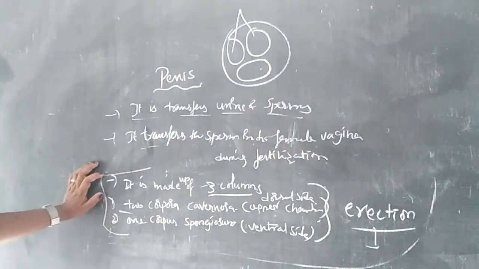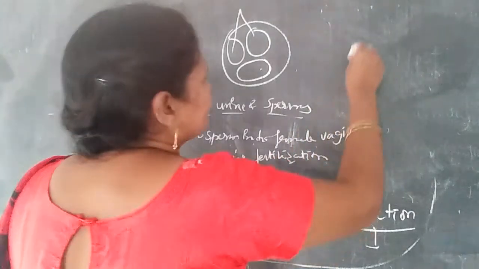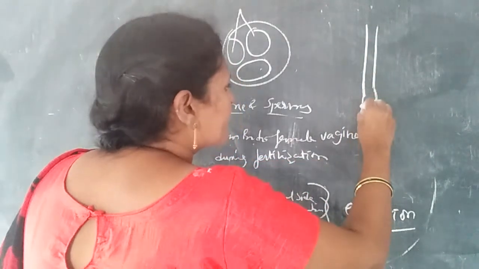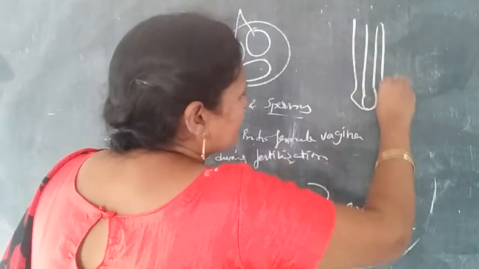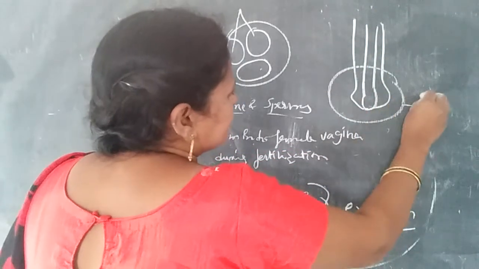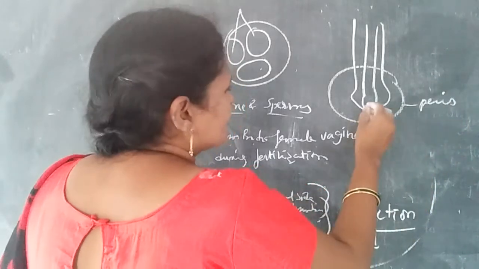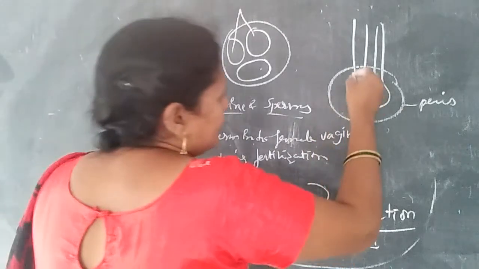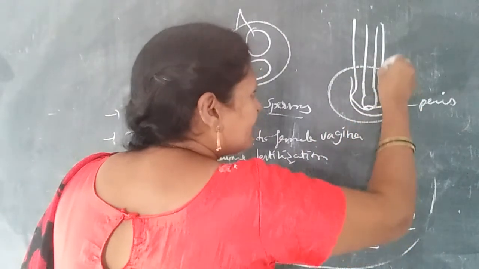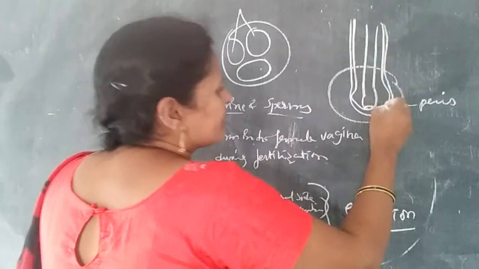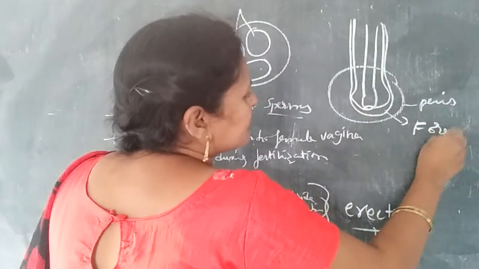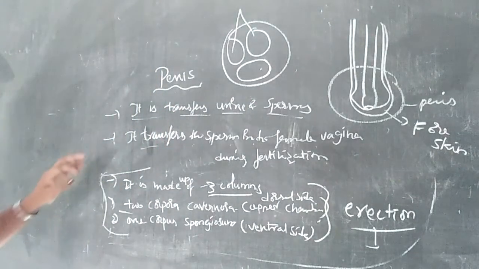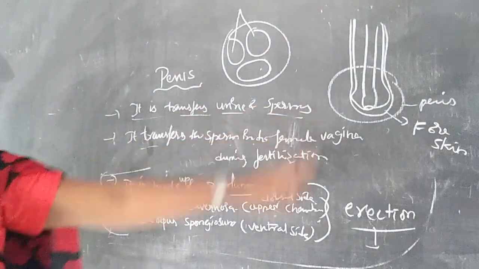And the penis is also covered by a skin layer. This part is the penis, and it has the urethral meatus. The skin is the foreskin, the outer layer of the penis.